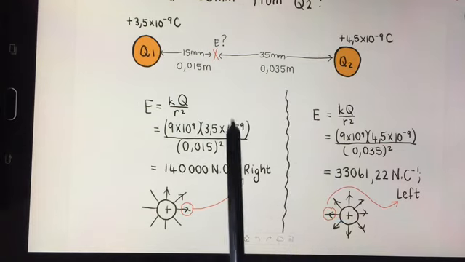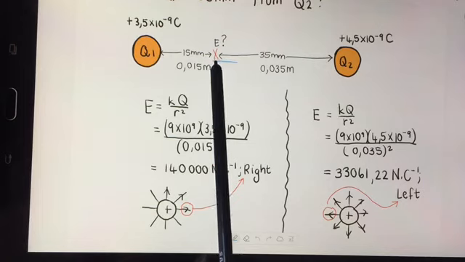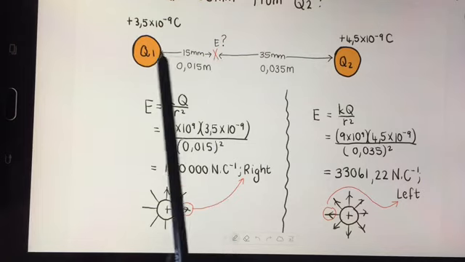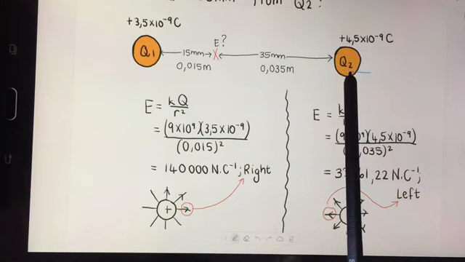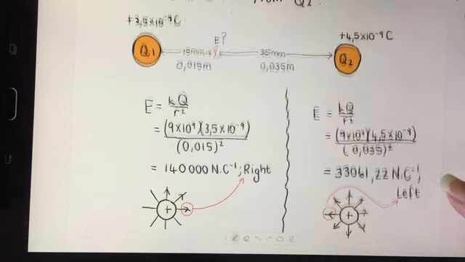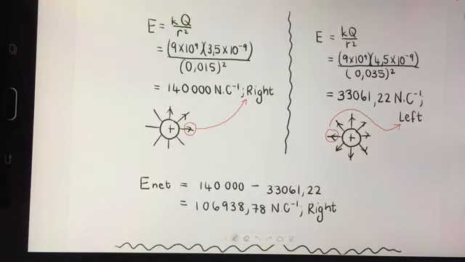And as we said, the strength of the field here is a combination of the electric field around Q1 and around Q2. So now I have to take a look at my two answers and find the net field. Here it's to the right and here it's to the left, so it's in opposite directions. So the electric field strength will be the difference between the two.